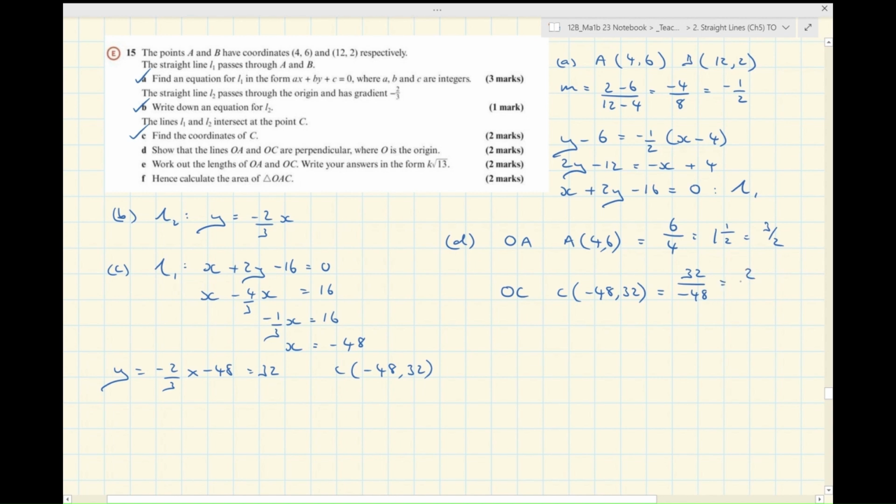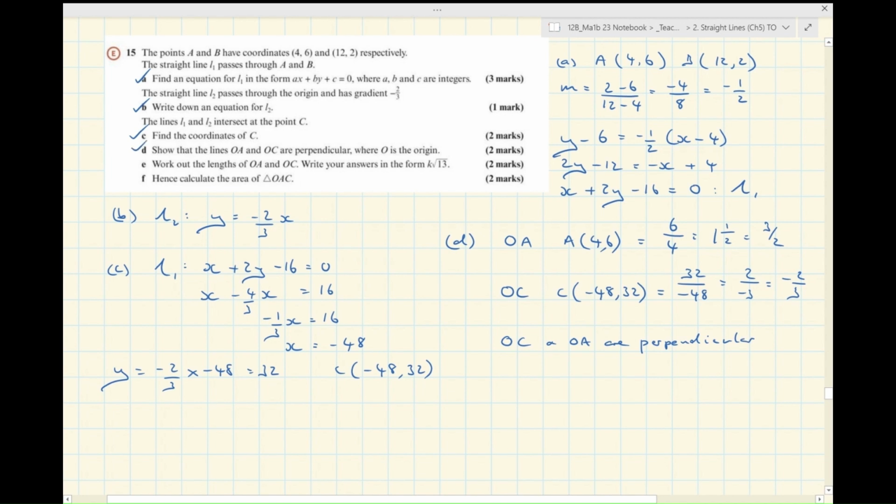Leaves me with 2 over minus 3, which of course is minus 2/3, which is the negative reciprocal of OA. So OC and OA are perpendicular. Good. Brilliant. Okay, that's D done.